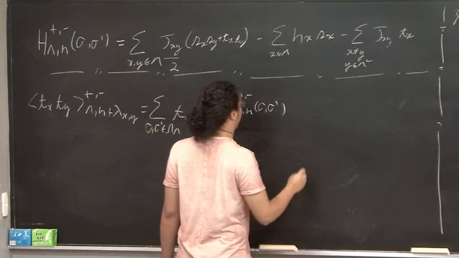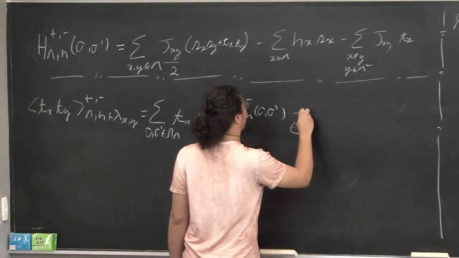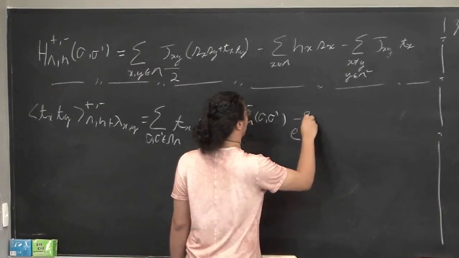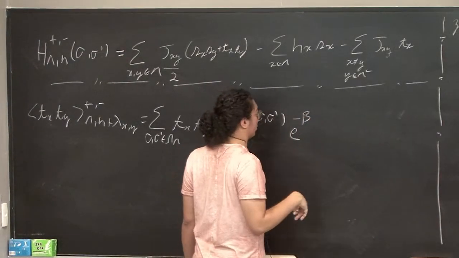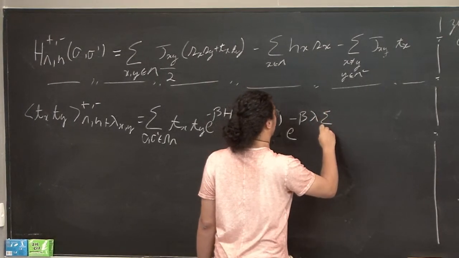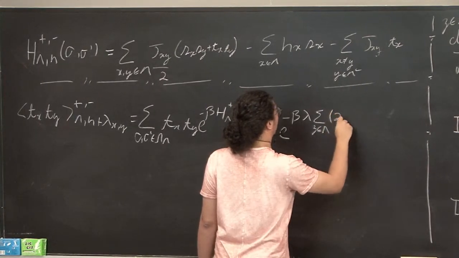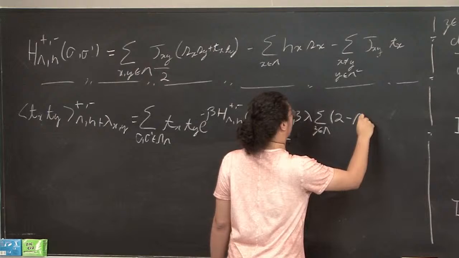And now I have what appears here, exponential of minus beta lambda sum over z on the lattice of 2 minus s z.